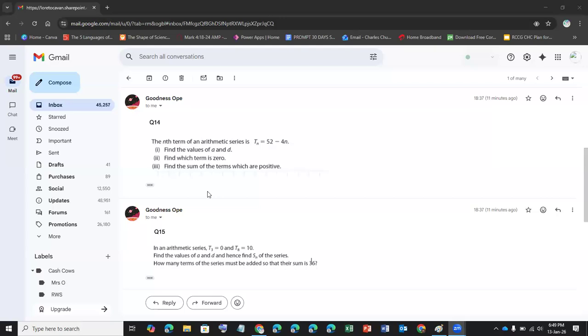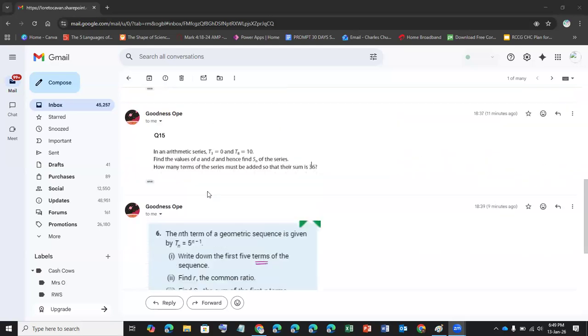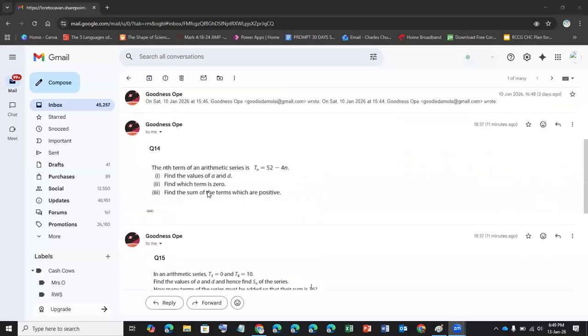All right. So this is the first one I see that you sent today, 11 minutes ago. It says the nth term of an arithmetic series is Tn equals 52 minus 4n.